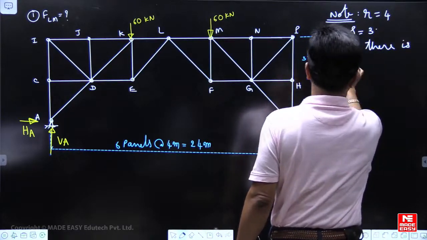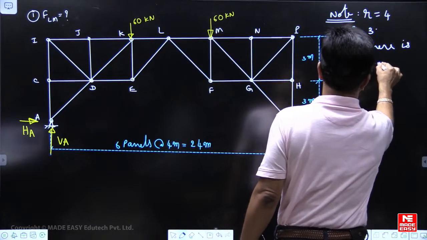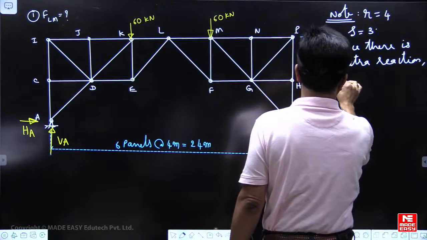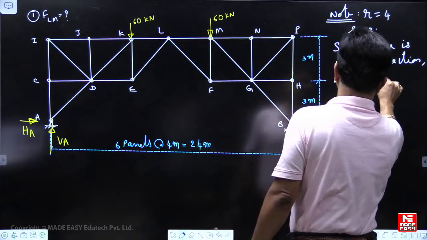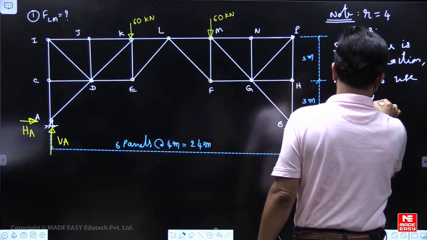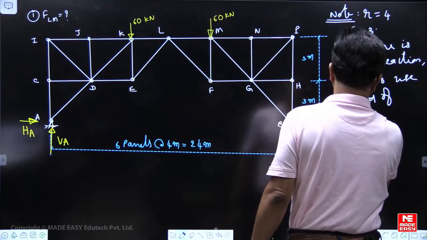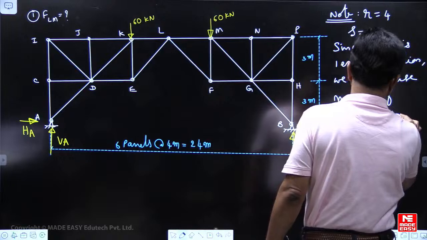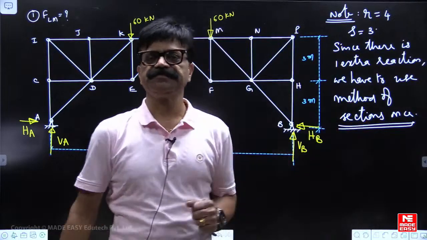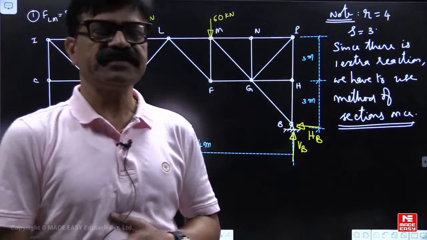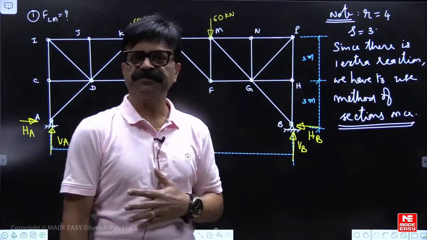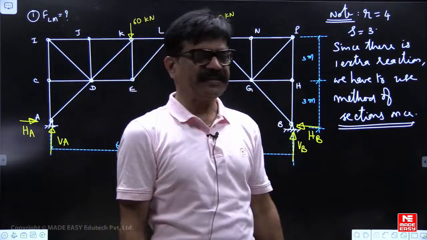Since there is one extra reaction, we have to use this. This is the first line of thinking. We must use one method of sections, otherwise you cannot find the 4 reactions. That is our first line of thinking.